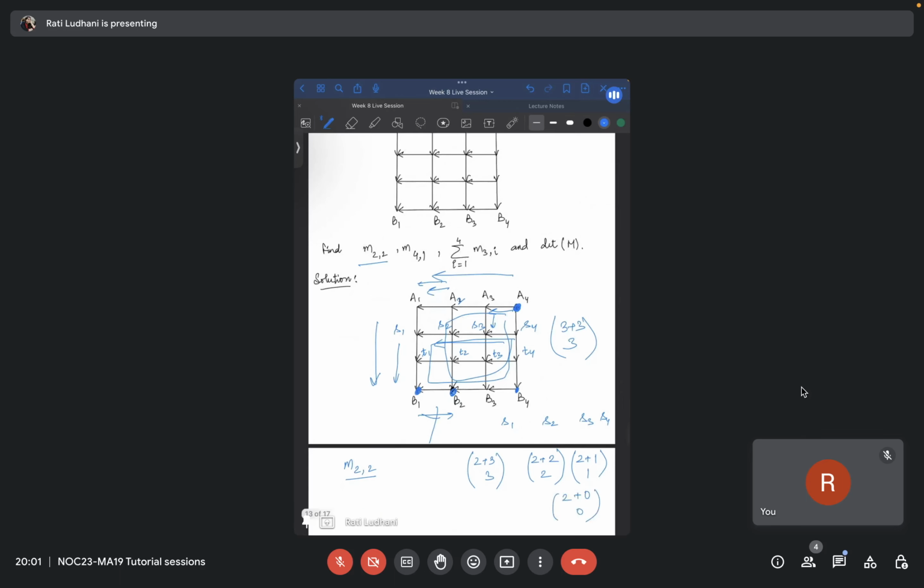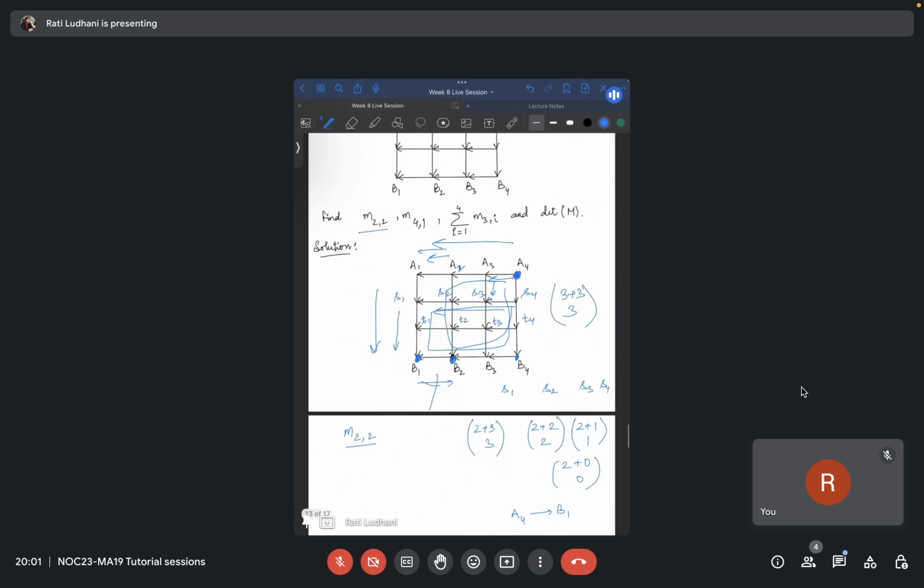If you sum it up, it is just the binomial combination, which will be equal to 3 plus 3 choose 3. You can get it like 5 choose 3 plus 4 choose 2.